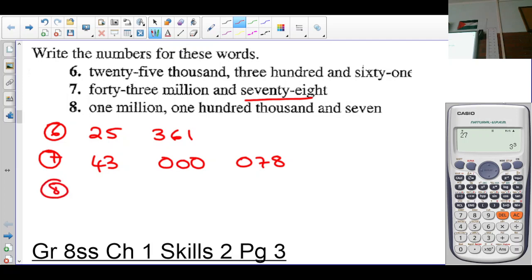Number 8. 1 million is 1,000,000. There's 100,000 and there's the person who told me I must write 001.